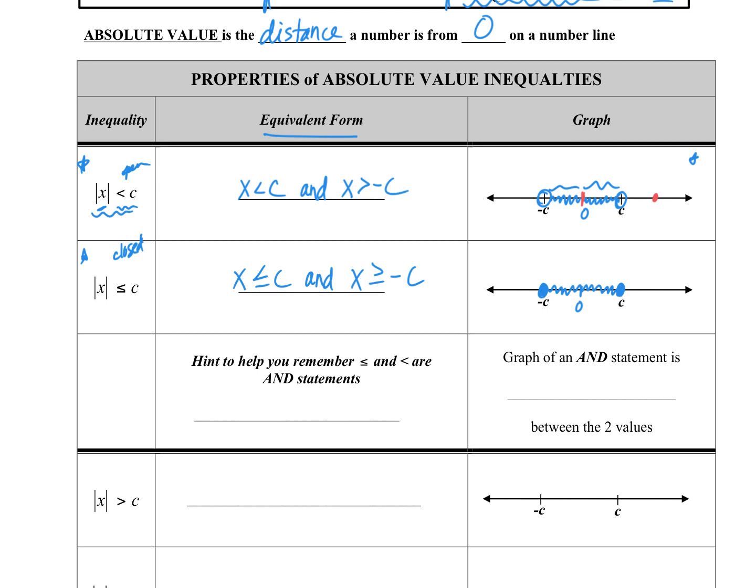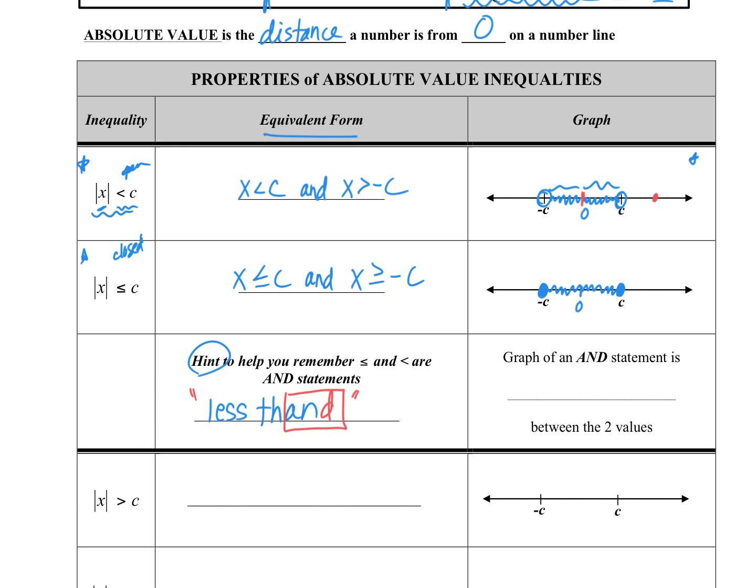Okay, so now in order to remember that can be confusing, okay? So we've come up with this sort of silly way to remember it. So here's my hint on how you remember that these are and statements. If I pronounce that, we usually say less than. Well, what if I say it's less than? So we're just pronouncing it funny, right?